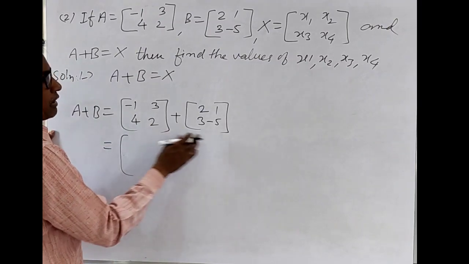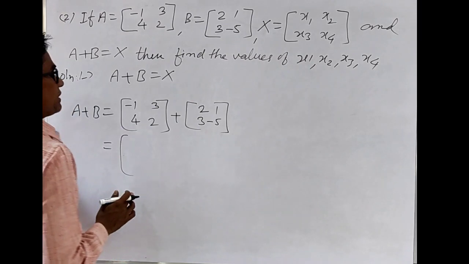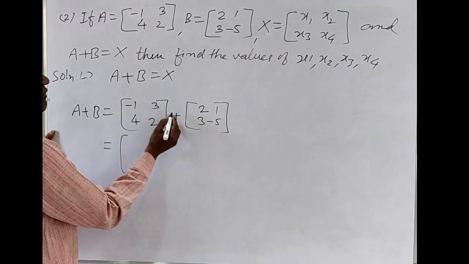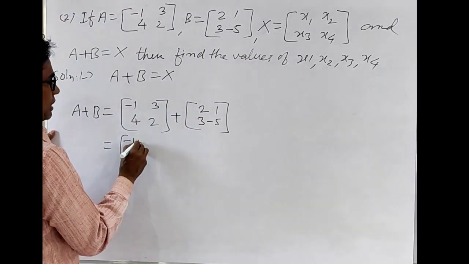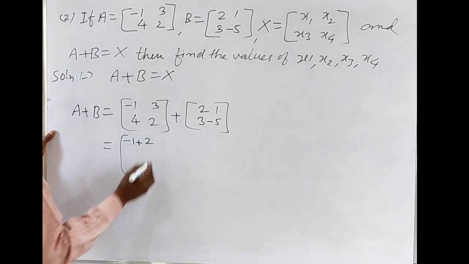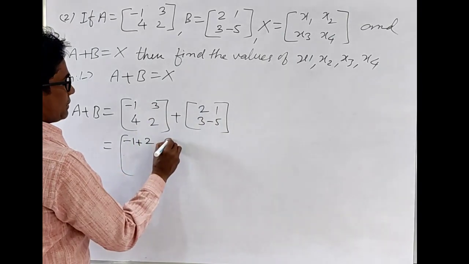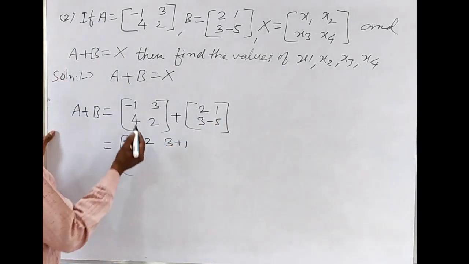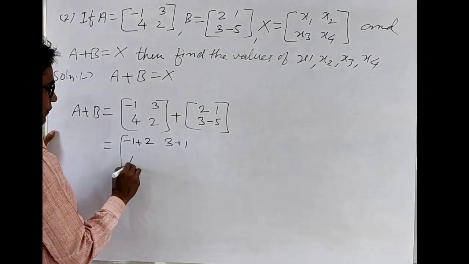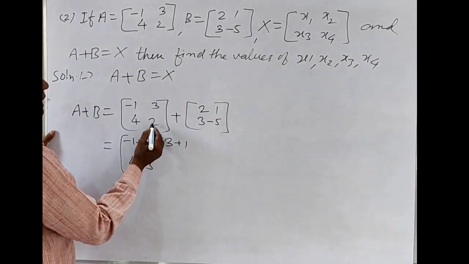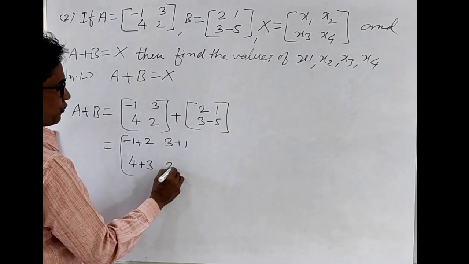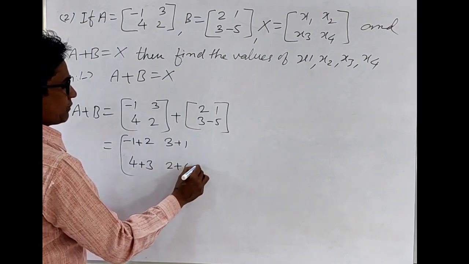This is 2 cross 2 and this is also 2 cross 2. Therefore, addition is possible. Then first element with first element, -1 plus 2, 3 plus 1, then 4 plus 3 and 2 plus -5.